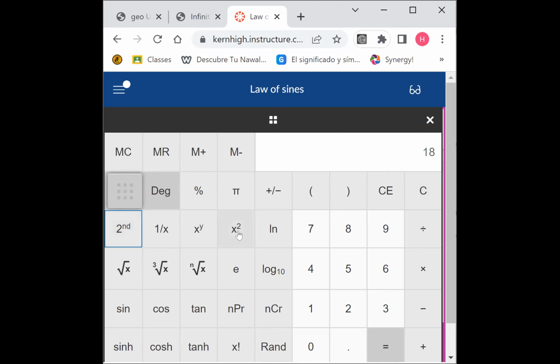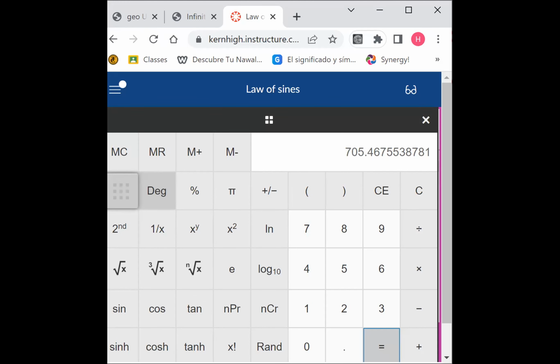So I'm going to go 18 squared plus 13 squared minus 2 times 18 times 13 times cosine of 117. So 705.4676.